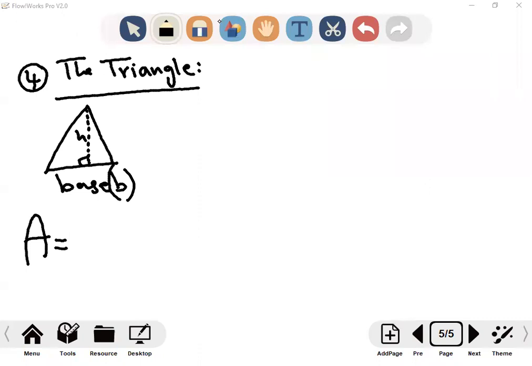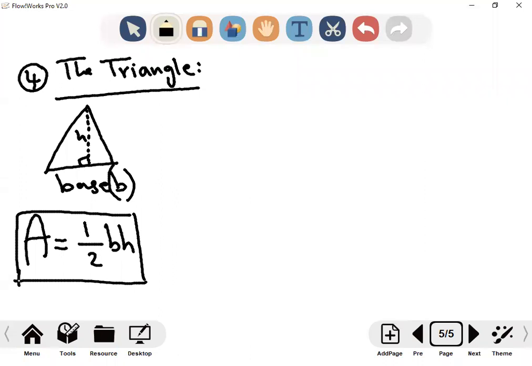Yalla, try to remember it with us. Mr. Omar: the area of the triangle is half times BH. Mumtaz. Half BH. Yusuf, do you remember it now? So the area of the triangle is half multiply the base, multiply the height.